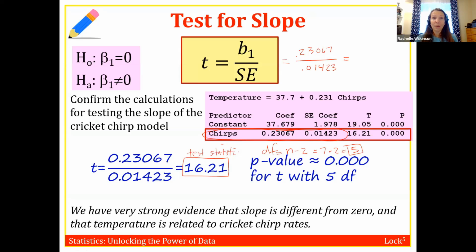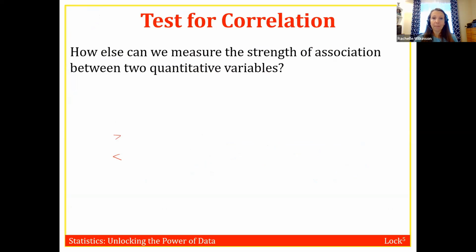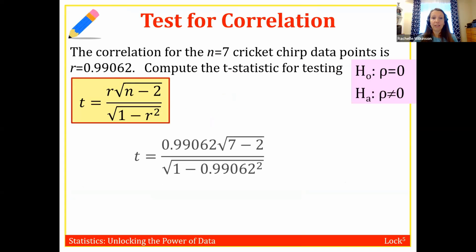It turns out mathematically that this funky, scary looking formula for correlation at the end of the day turns out to be the same numerical value as just taking b1 over SE. And doesn't this seem way easier to do than whatever this mess of a thing is over here? Yes, totally, right?